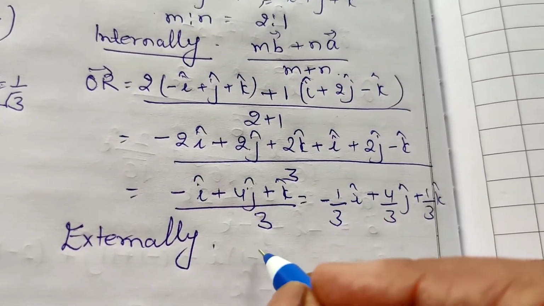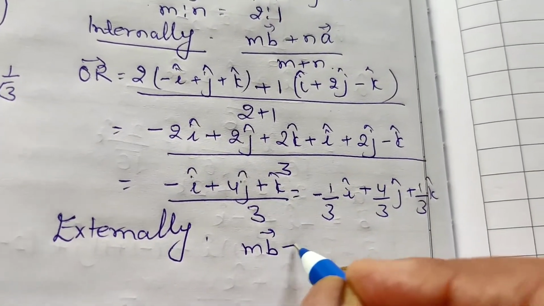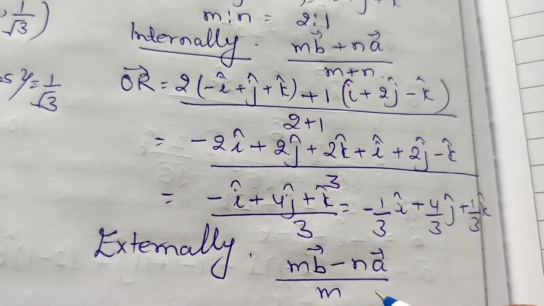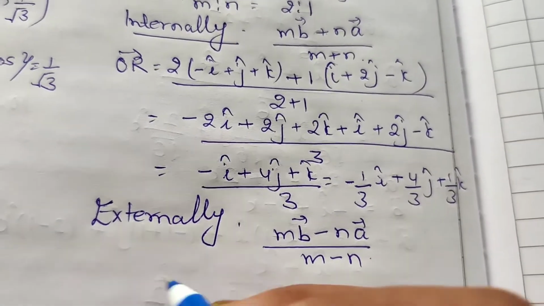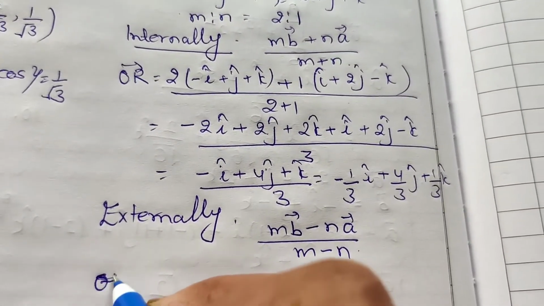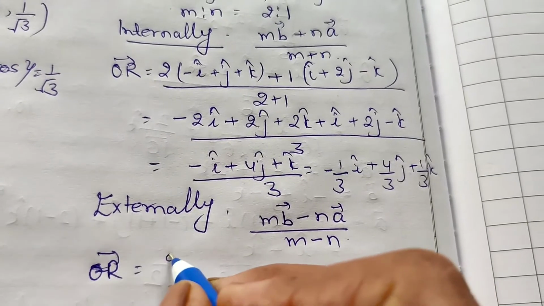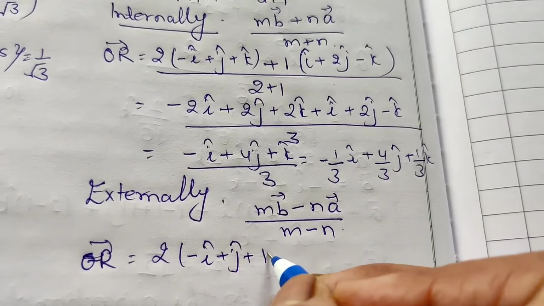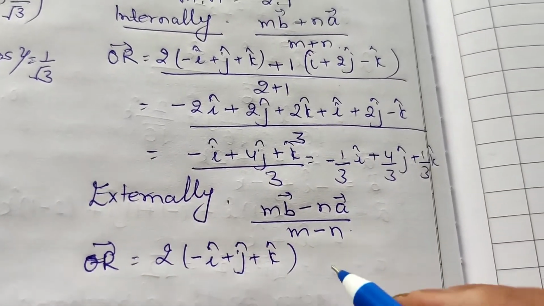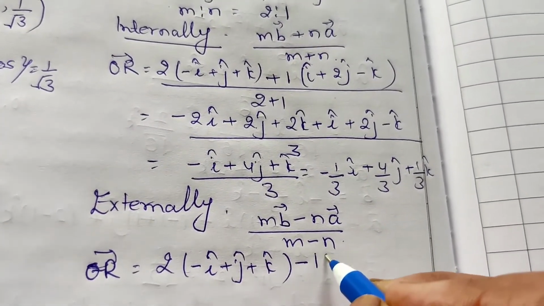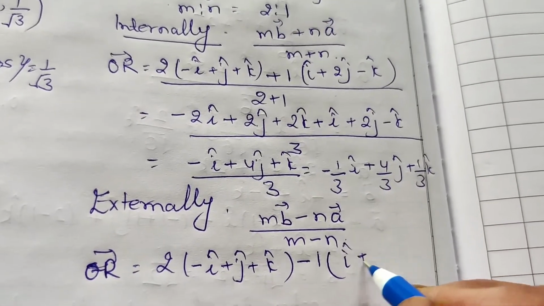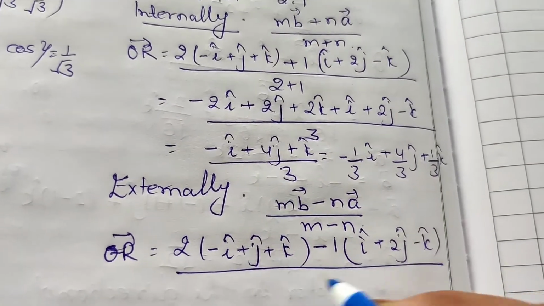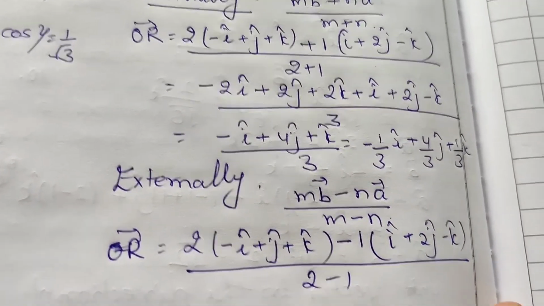Externally the formula is m b vector minus n a vector divided by m minus n. The OR vector equals 2 times minus i plus j plus k, minus 1 into i plus 2j minus k, divided by 2 minus 1, which is equal to 1.